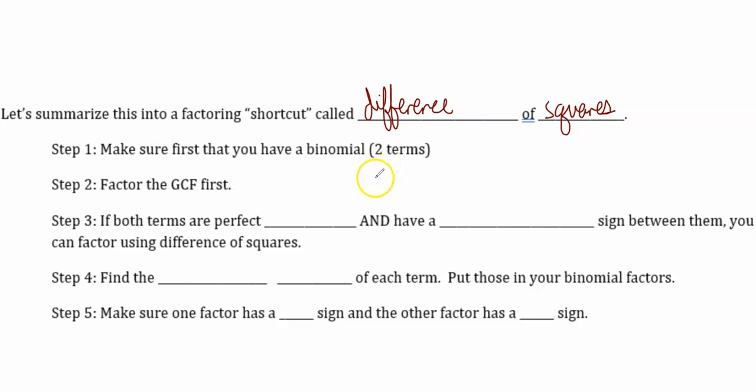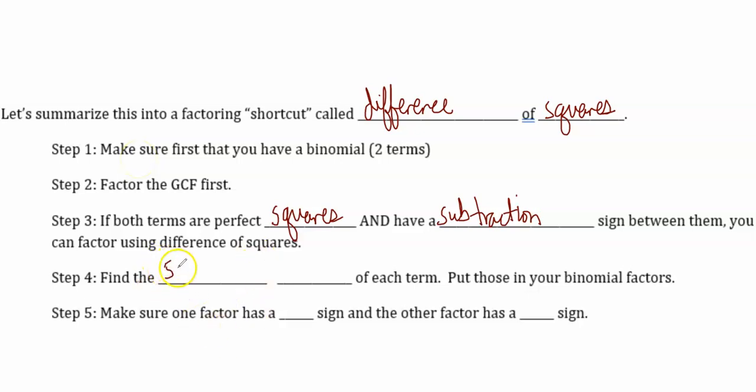Make sure that it has two terms. Make sure that, after pulling out our GCF, both terms are perfect squares and have subtraction between them. Then you can factor using difference of squares.